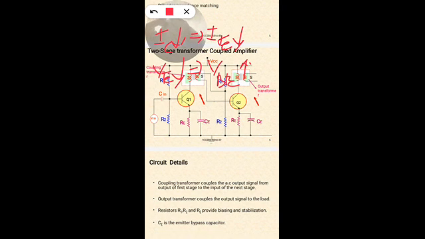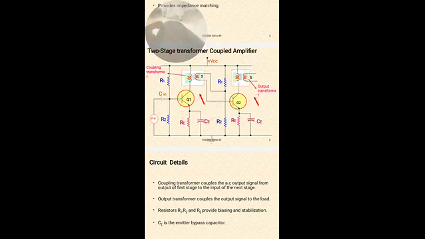So when VBE increases, IB increases, so therefore IC increases. So the decrease in the collector current is compensated. Thus the Q point, the collector current, gets stabilized irrespective of variation in beta due to temperature or device parameters.